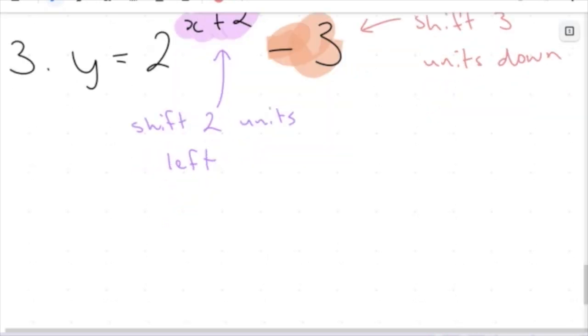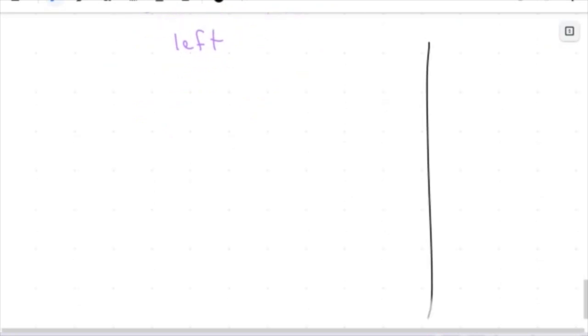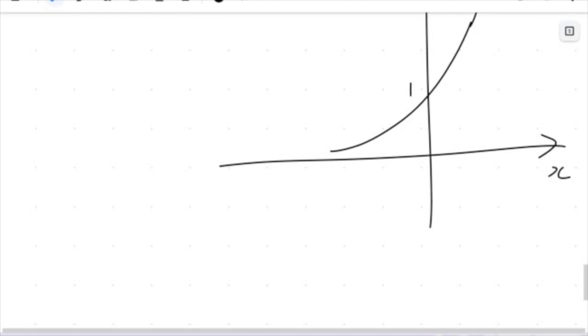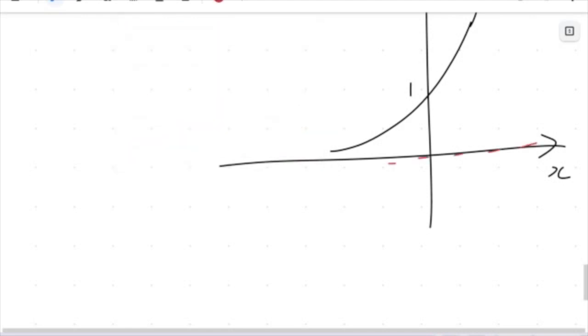Beautiful. Okay, so looking at our normal graph, I would have something like this. My exponential, oops, with an intercept here. Now, remember, for this one, I had an asymptote at y equals 0.